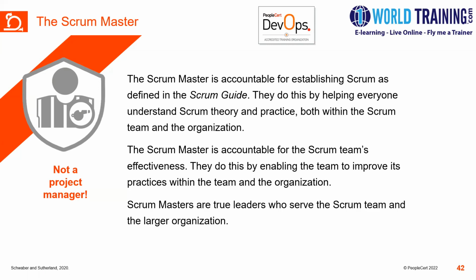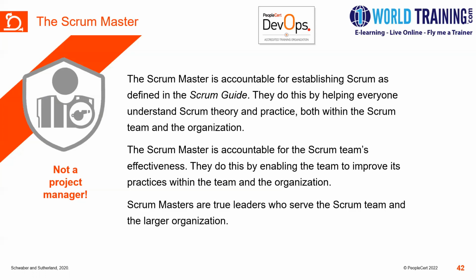Previously the term servant leader was used, but from Scrum Guide 2020, it has been replaced by the leader who serves the team. So that's how the Scrum Master is not a role equivalent to a project manager. They do this by helping everyone understand Scrum theory and practices, both within the Scrum team and within the organization.